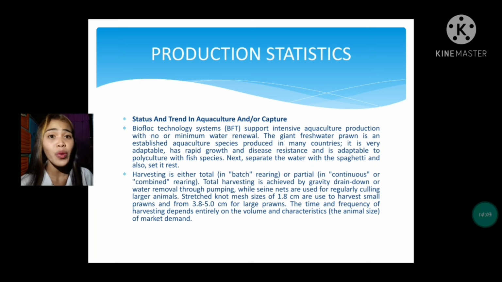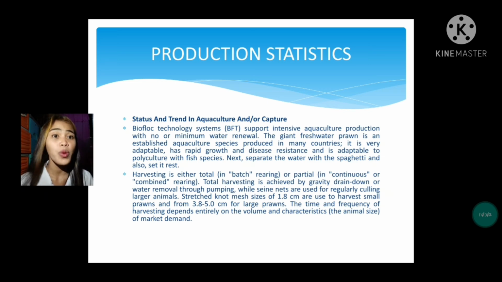Yes, it easily adapts to the environment. It has rapid growth and is resistant and adaptable to polyculture with fish species. For example, I read an article in which giant freshwater prawn and Nile tilapia are cultured together, which is polyculture. So it is not a hassle, and the giant freshwater prawn is delicious.